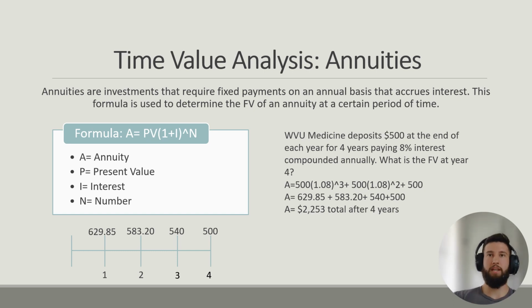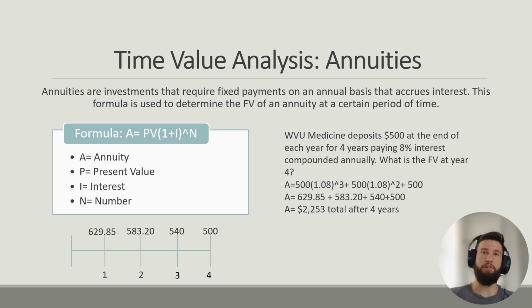So to find the overall complete value, you'll go through and do the power of 3, the power of 2, and then plus 100, because your last annual payment at year 4 isn't subject to any interest accrued.